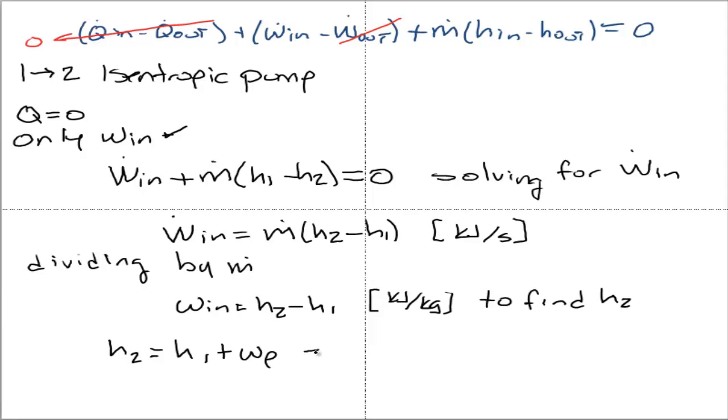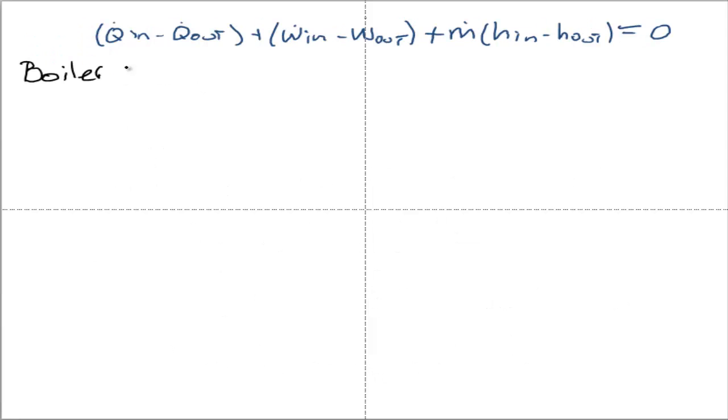This work of the pump will be equal to the specific volume at state 1, which is saturated liquid, times the pressure difference. Recall that liquid is incompressible, so the volume is the same along the process.